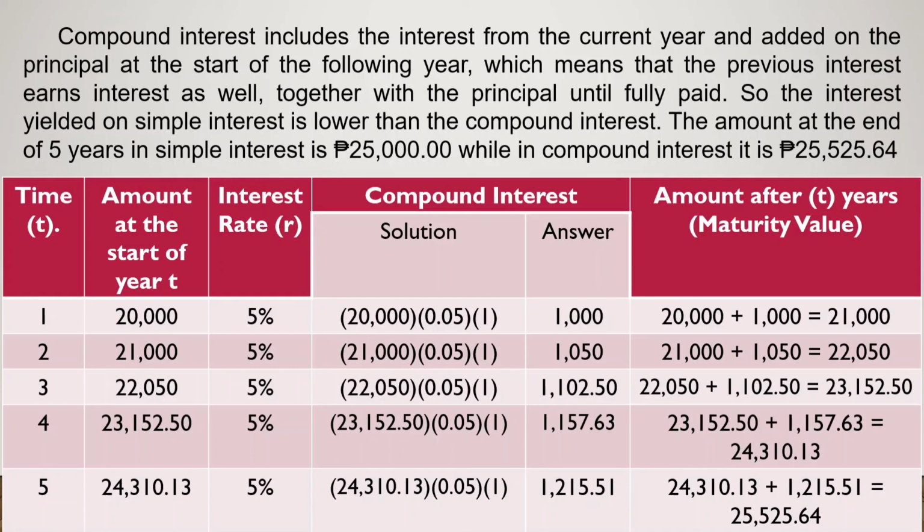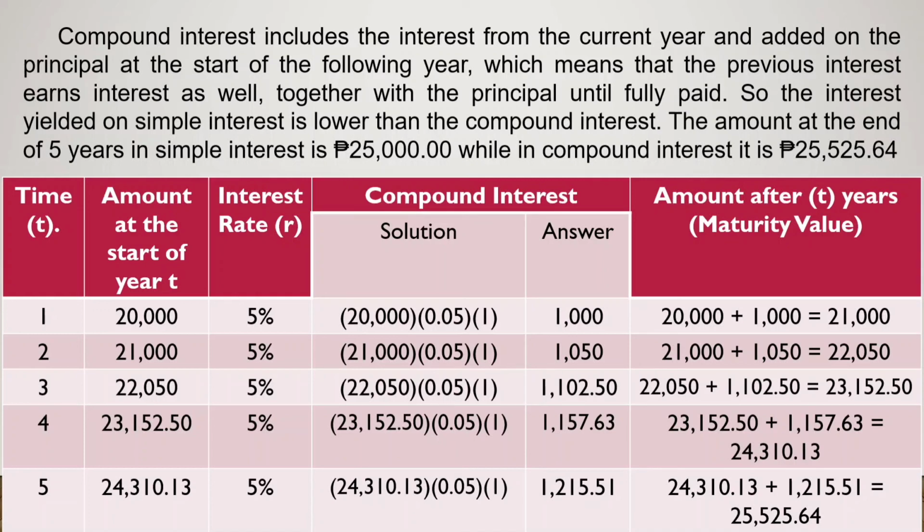Compound interest includes the interest from the current year added on the principal at the start of the following year, which means that the previous interest earns interest as well, together with the principal until fully paid. So the interest yielded on simple interest is lower than the compound interest.